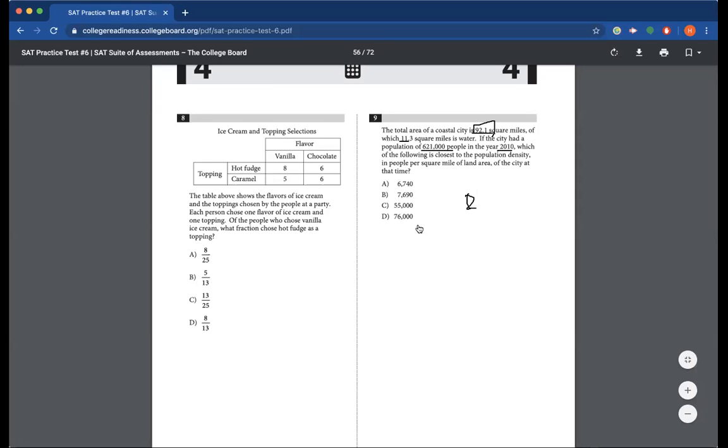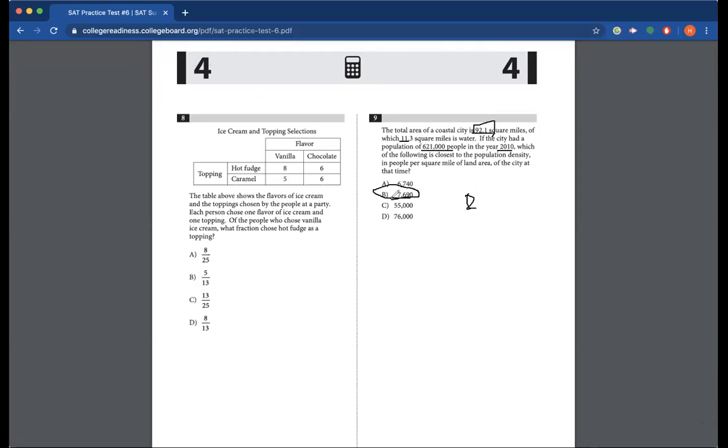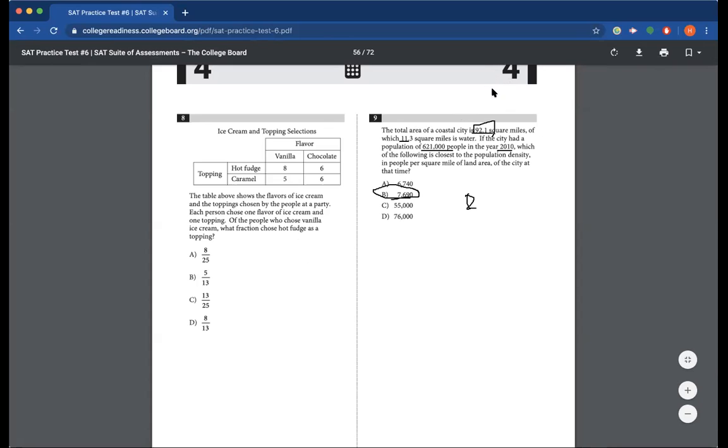So we get 7,685. 7,690 seems close enough. Should be B. Okay, so it should be B for this one.